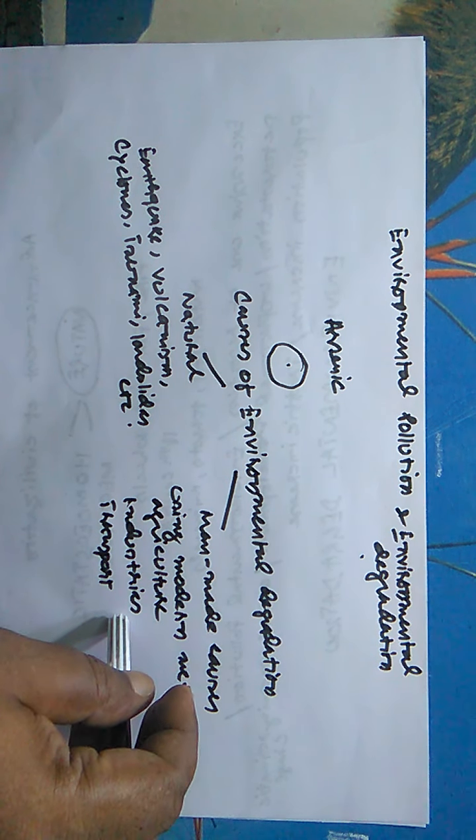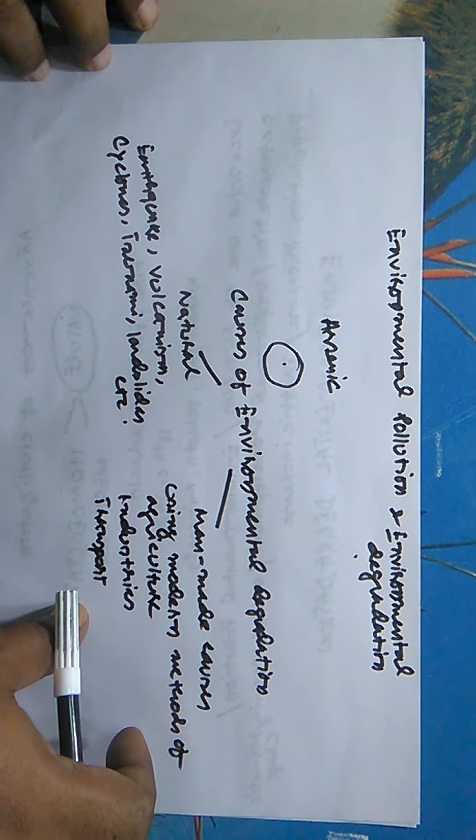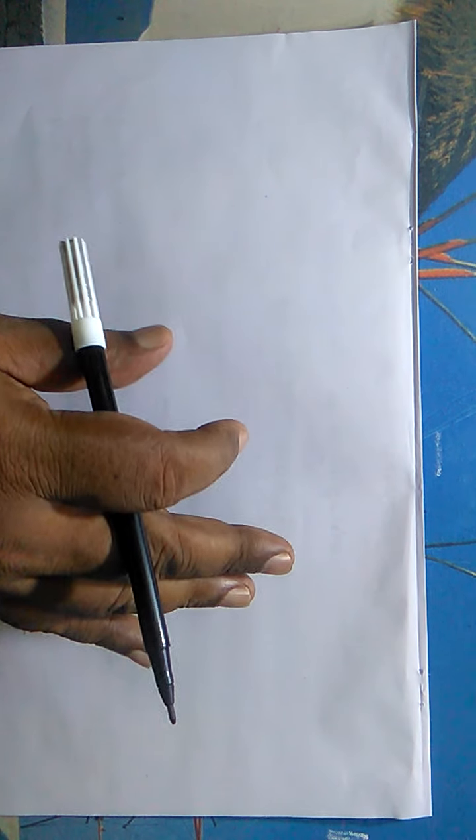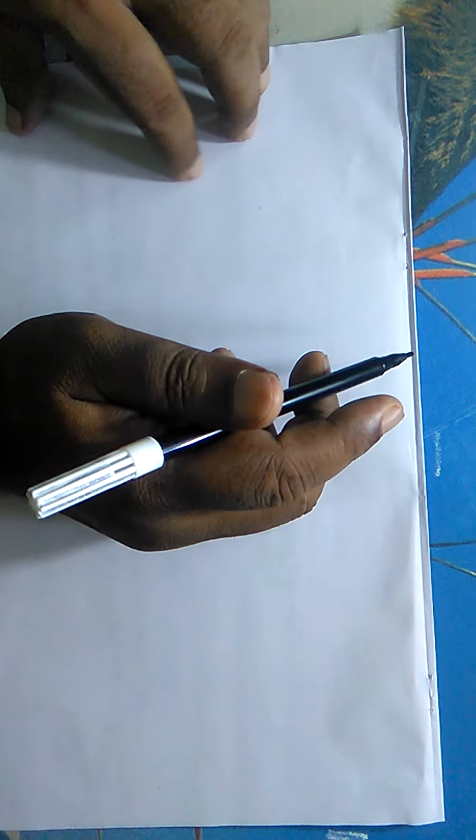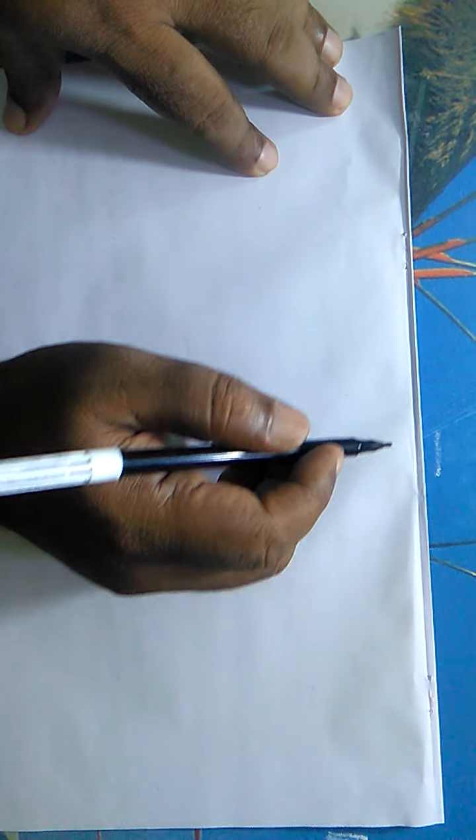Now, if we look at the sum of the developmental activities that the human beings undertake, it has resulted in number of problems for the environment.